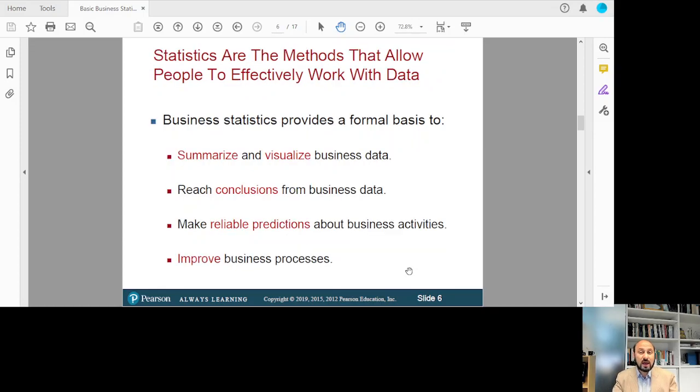So statistics are the methods that allow people to effectively work with data. Business statistics provides a formal basis to, number one, summarize and visualize business data. Number two, reach conclusions from business data. Number three, make reliable predictions about business activities. And number four, improve business processes.